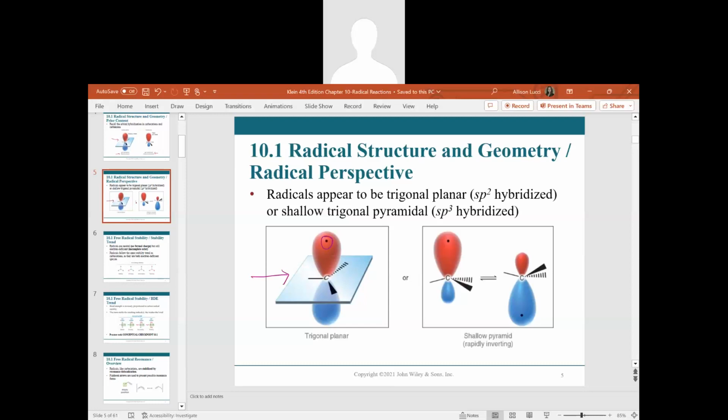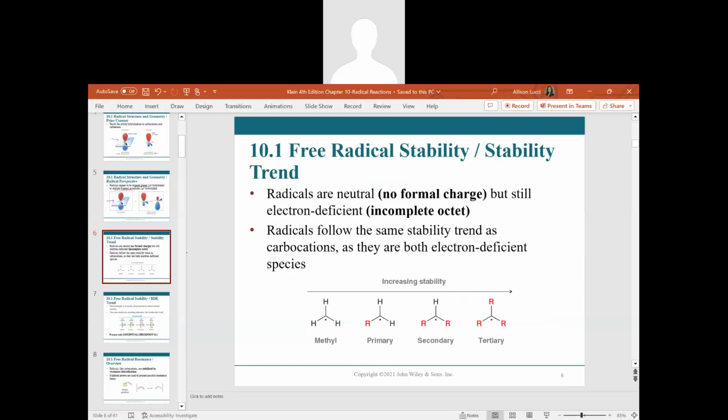And experimentally, we actually see that it's a very shallow trigonal pyramidal sp3 hybridization that results, almost appearing trigonal planar. So a radical reacts more like a carbocation than it does a carbanion when it comes to the molecular geometry involved with the reaction. So let's look at stability of radicals.